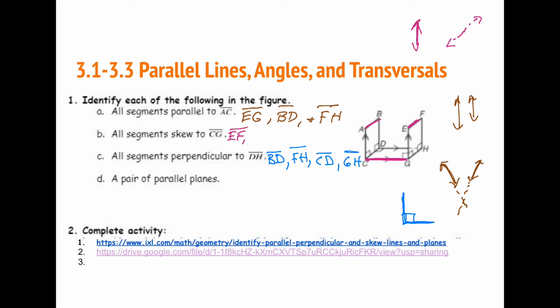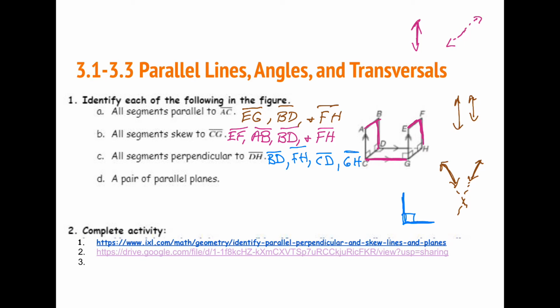Also AB will be skew, segment AB. And then we also have segment BD and segment FH. Because these two will never intersect because these lines are behind our CG that we have right here. So these are behind it, they're never going to intersect. So those are going to be skew.